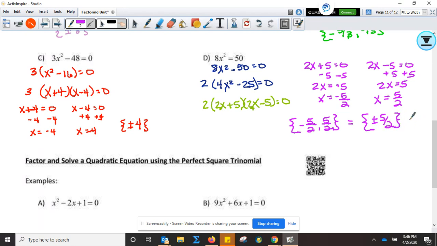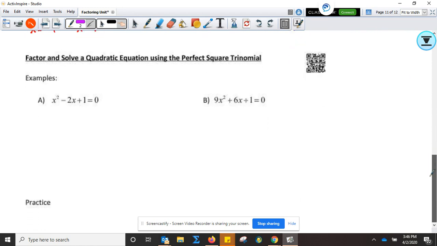All right, factor and solve a quadratic equation using the perfect square trinomial. Okay, so once again, there's QR codes. Now, x squared minus 2x plus 1, they're perfect square trinomials, so take the square root of the first one, x. And since the sign is plus, you know that both signs are going to be the same.